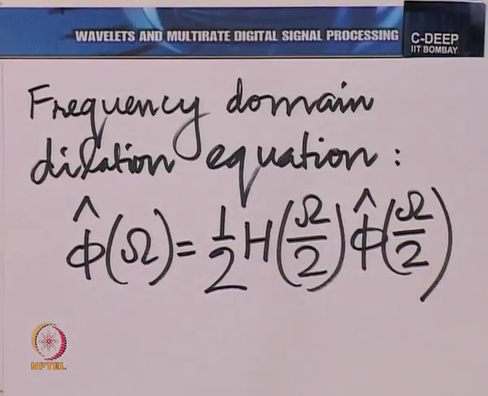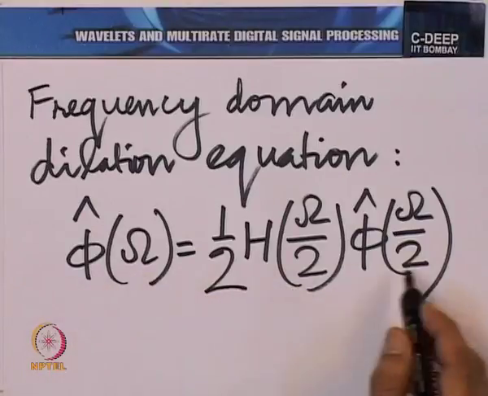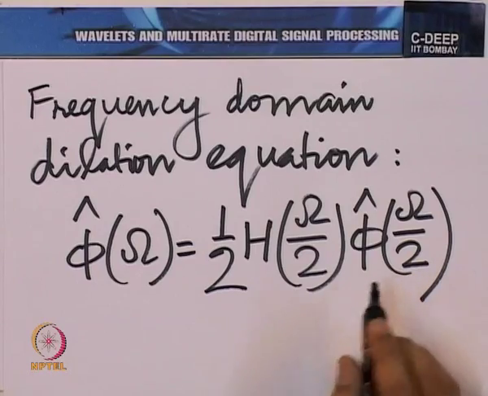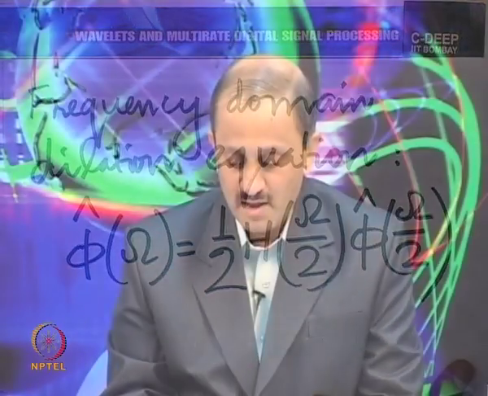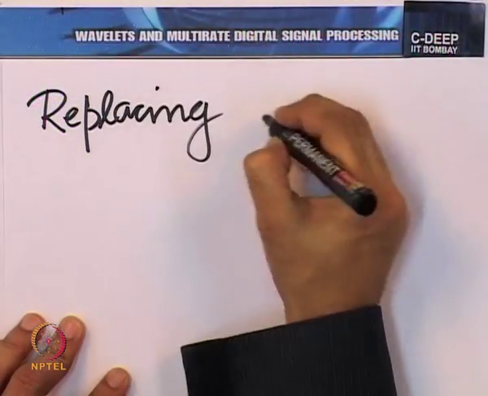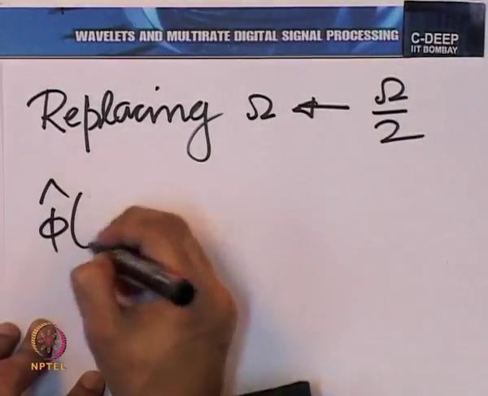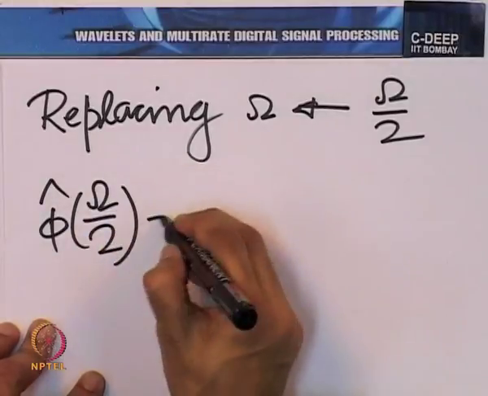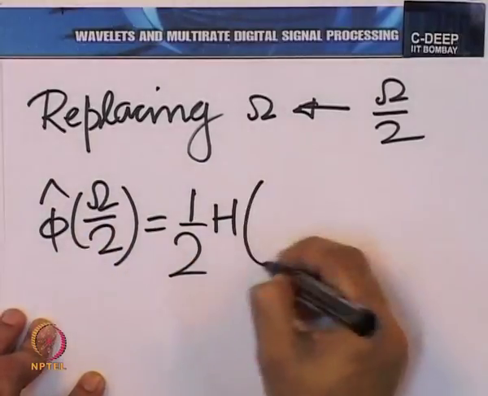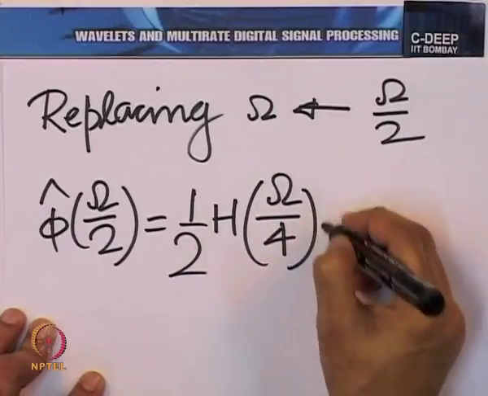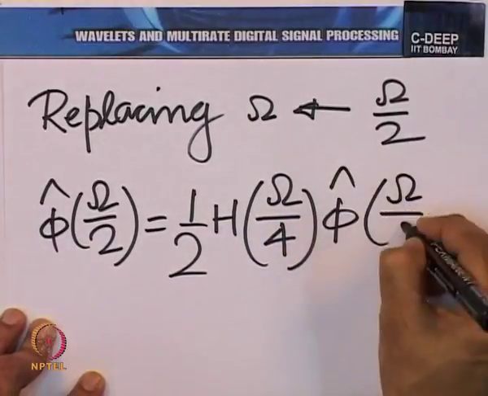Now, the beauty is that what we have done here to go from phi cap omega to phi cap omega by 2 can be done to go one step lower. So, the same equation can be rewritten at capital omega replaced by capital omega by 2, and doing that we would have phi cap evaluated at capital omega by 2 is half h evaluated at omega by 4 times phi cap evaluated at omega by 4.